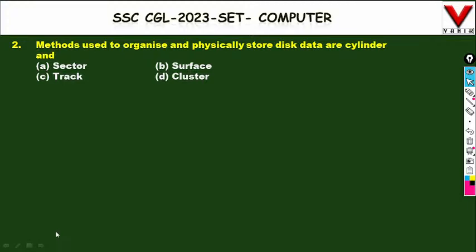That means when you are formatting, data can be stored in a sector, surface, track, or cluster. Whenever you create a format on a disk, it creates new sectors and tracks. So data is always stored sector wise.